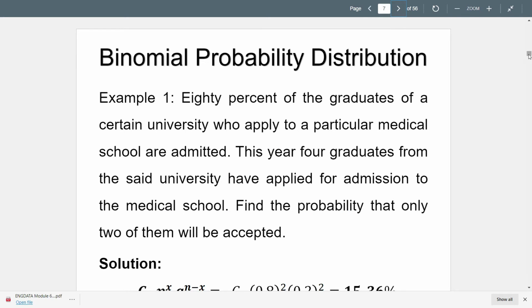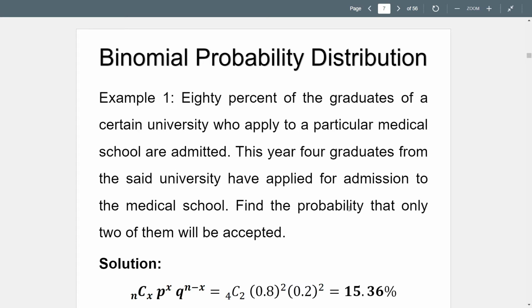Let's have this example. 80% of the graduates of a certain university who apply to a particular medical school are admitted. So these 80% are the probability of success. This year, 4 graduates from the said university have applied for admission to the medical school.